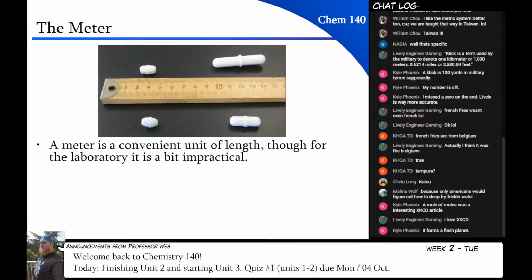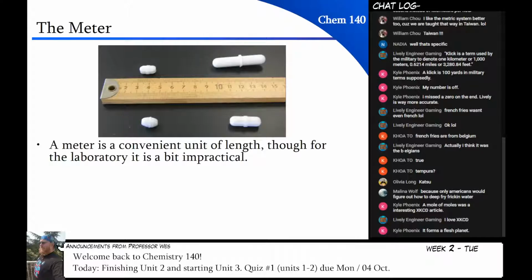Sorry, give me just a second. Oh, that's what's going on there. It's a little better. Okay. I don't know if I'm going to be able to fix this right now.